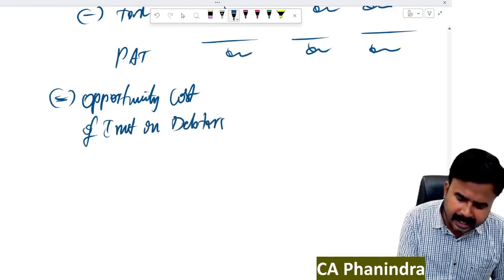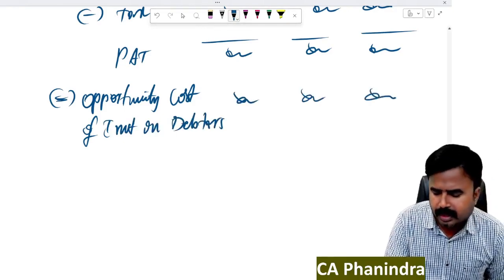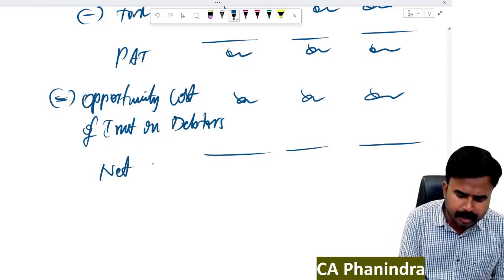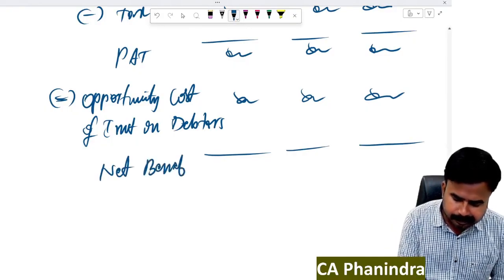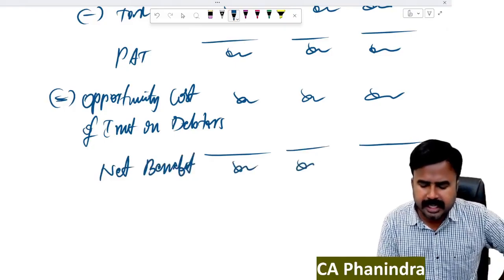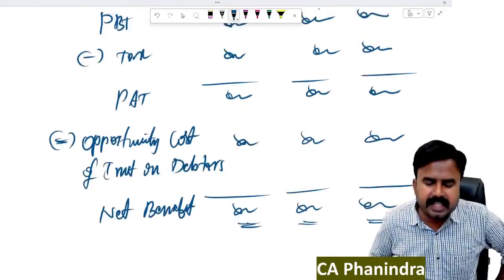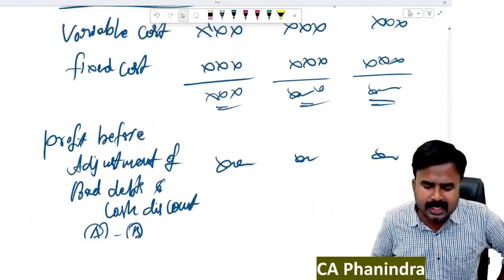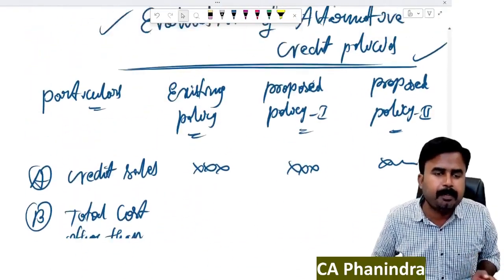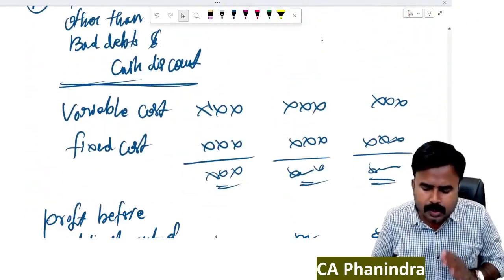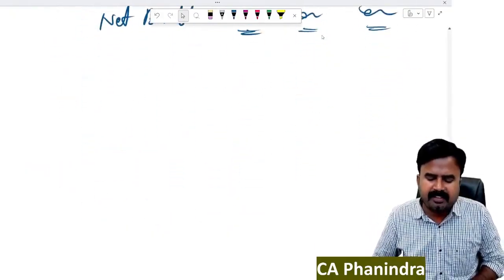This one we need to calculate actually. If you deduct this opportunity cost of investment in debtors, then ultimately I'm going to get net benefit. So after arriving at these net benefits for the respective credit policies, I'll adopt such credit policy where my net benefit is maximum. Okay. So I'll choose the alternative credit policy where my net benefit is maximum.